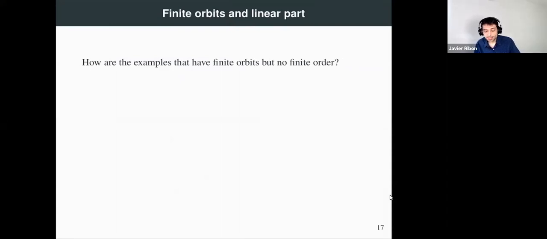We are interested in understanding this difference between having finite orbits and having finite order. We know already that there are examples of local biholomorphisms that have finite orbits in a neighborhood of 0, but they do not have finite order. I'll remind you of this example. It does not have finite order, okay?